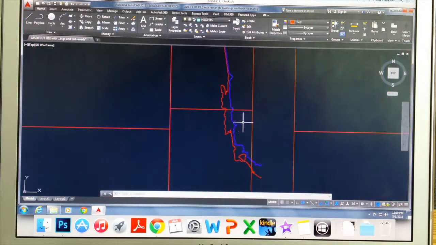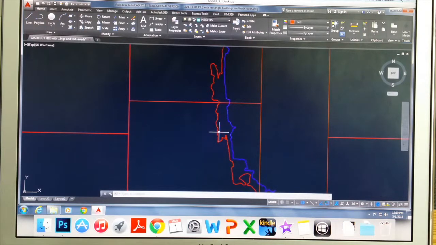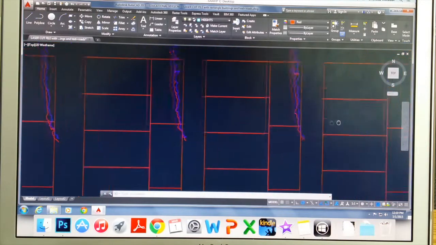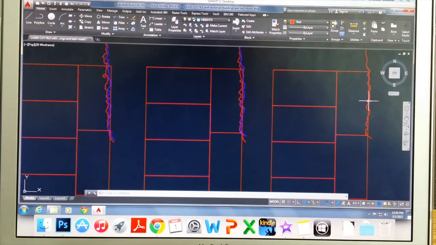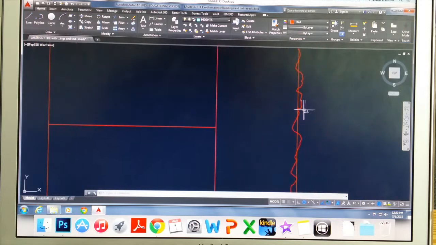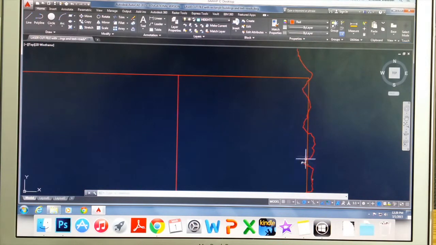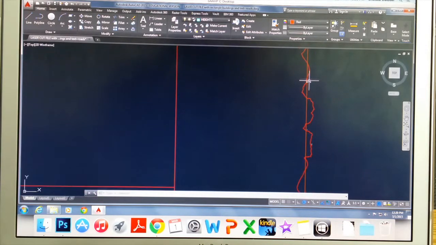And you can see the closer that these lines are together, the steeper the slope is of the site. And so this is our last piece. So you can see these are very small pieces.